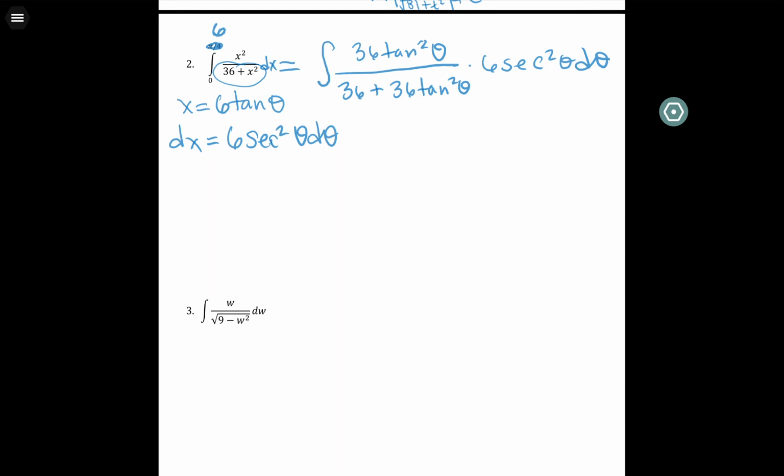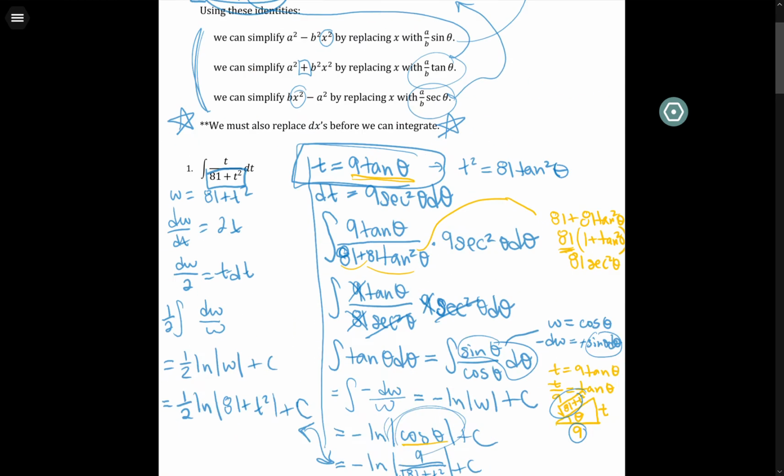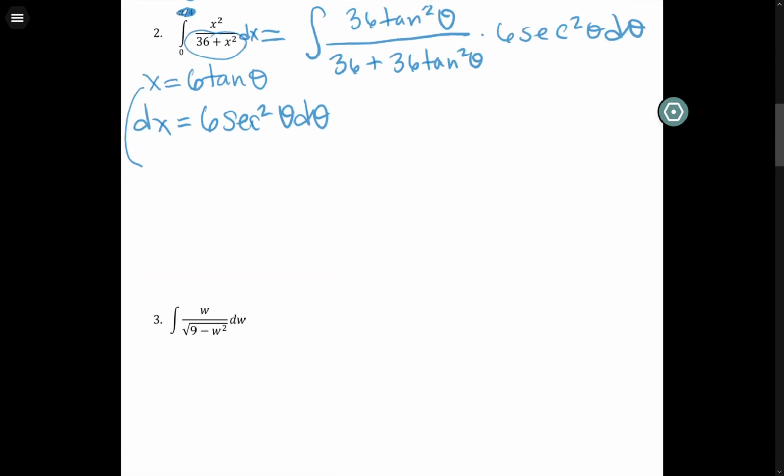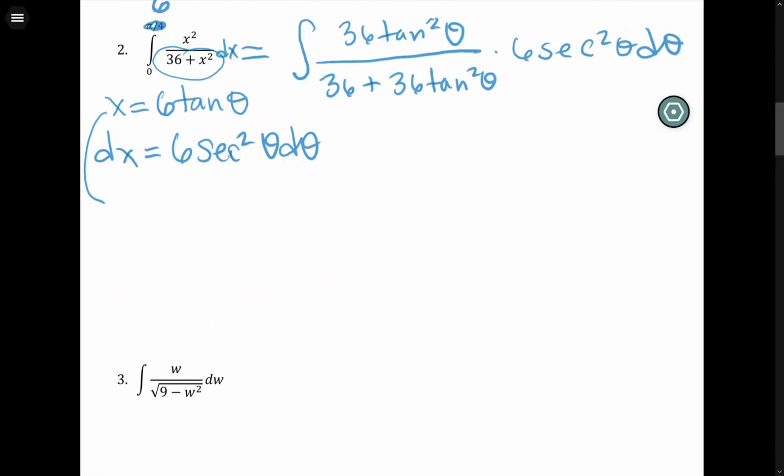Okay, so here's the deal. If we want to put in limits of integration on this new integral, they need to be theta values. So I need to go back to this x equals 6 tangent theta. If x is 0, what is theta?